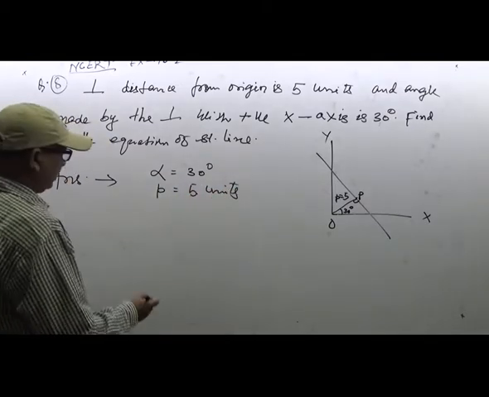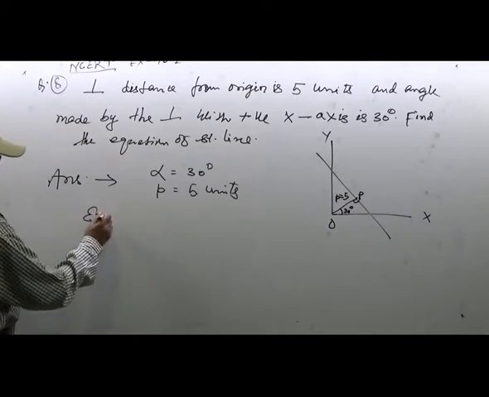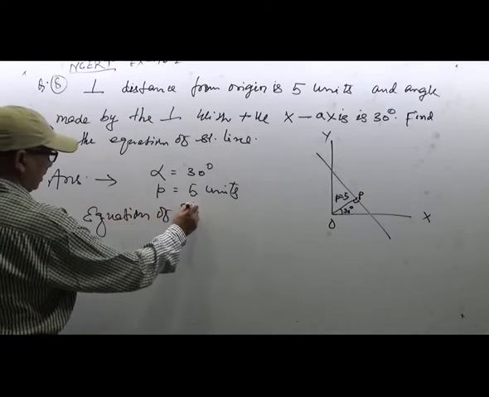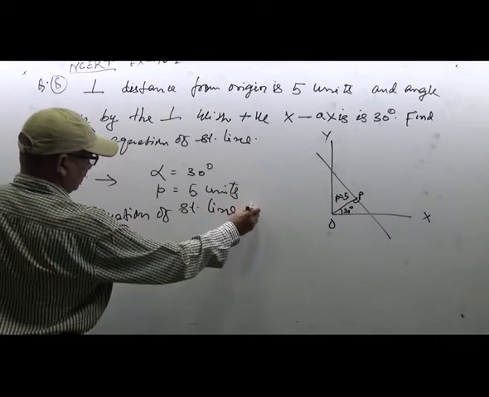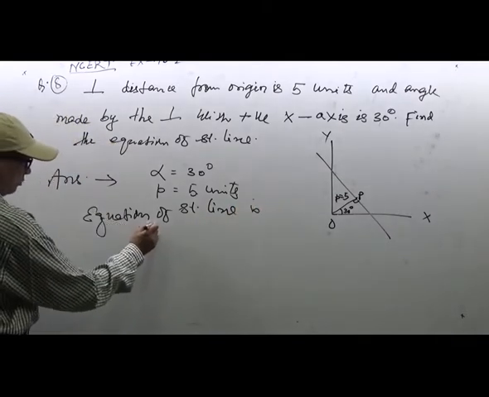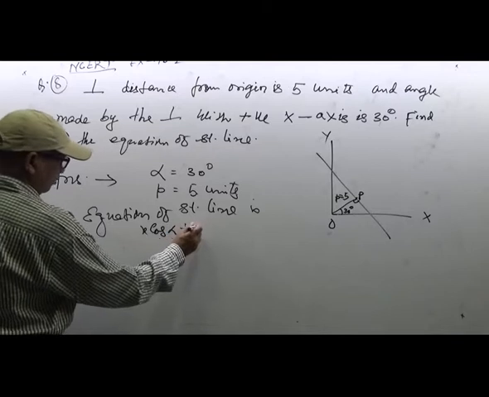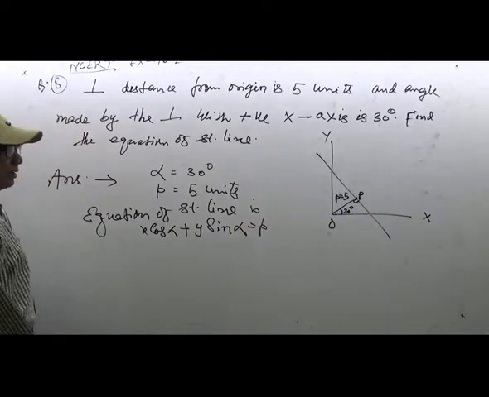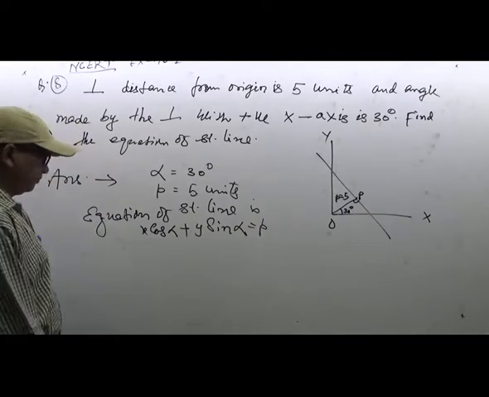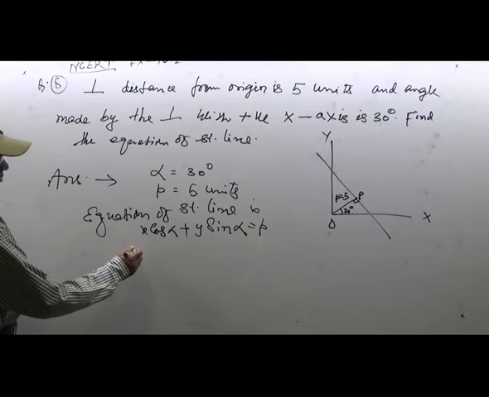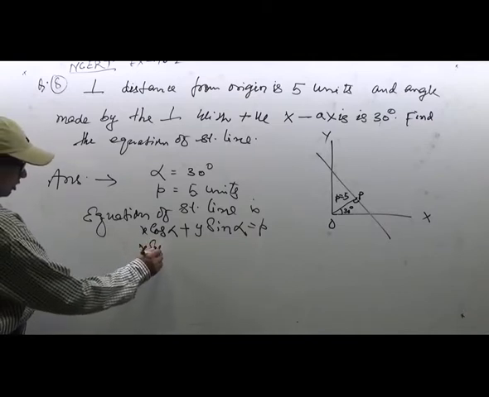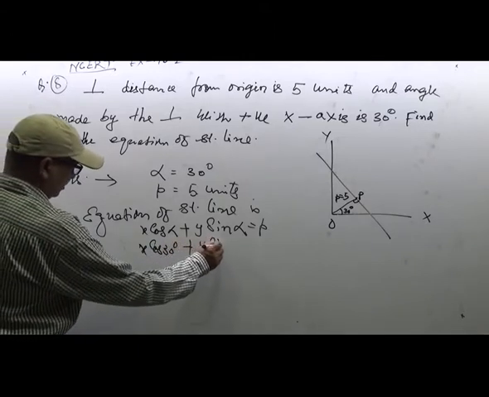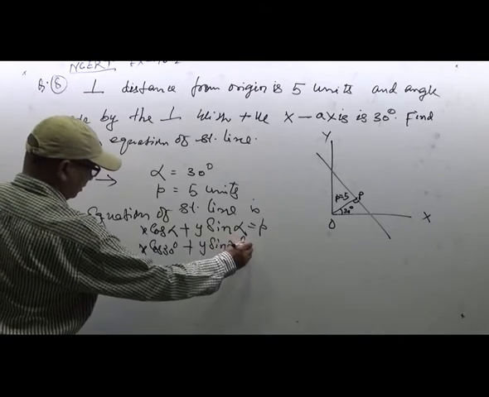Equation of this straight line is x cos alpha plus y sin alpha is equal to P, where x, y are arbitrary point on this line. So x cos 30 degree plus y sin 30 degree is equal to 5.